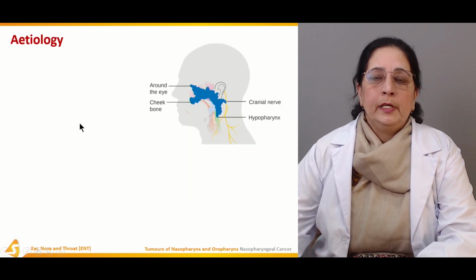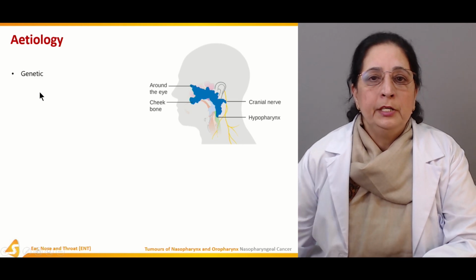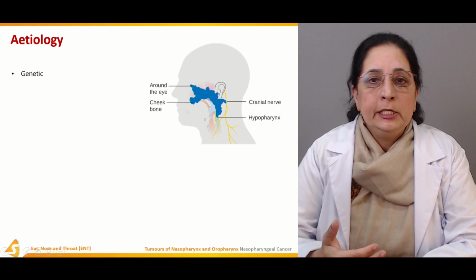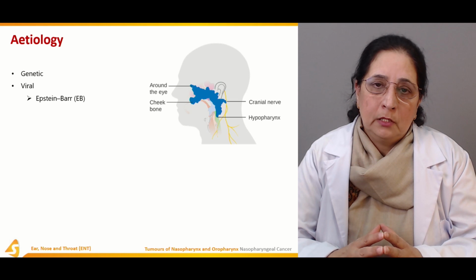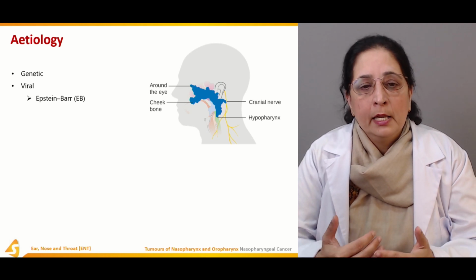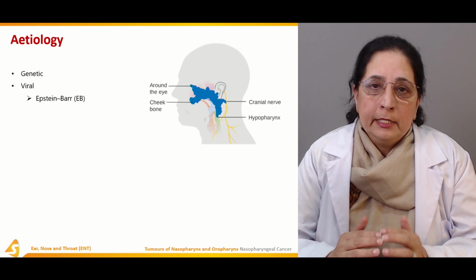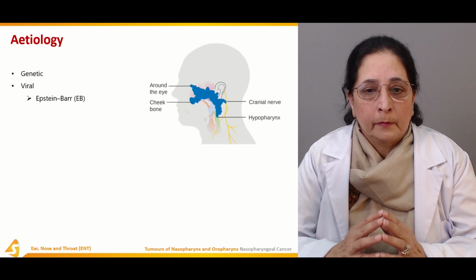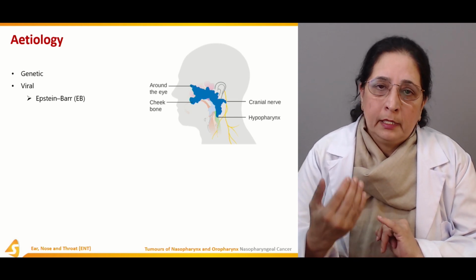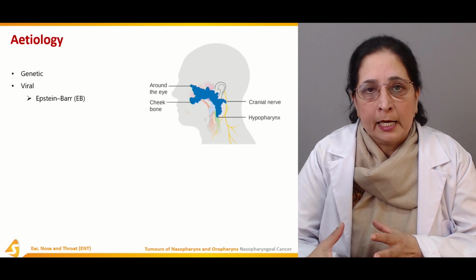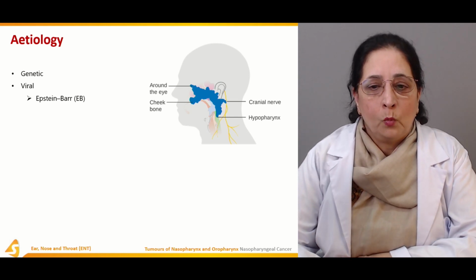The causes of nasopharyngeal cancer might be genetic causes. There may be viral causes also, viral infection. The Epstein-Barr virus, EB virus, can cause nasopharyngeal cancer also. So genetic, it might be in the genes because it can be congenital or genetic nasopharyngeal cancer, or the Epstein-Barr virus.